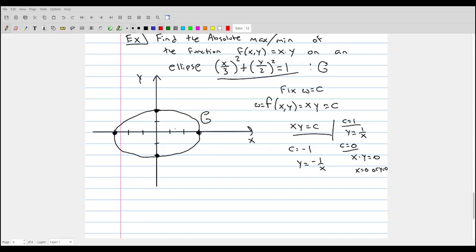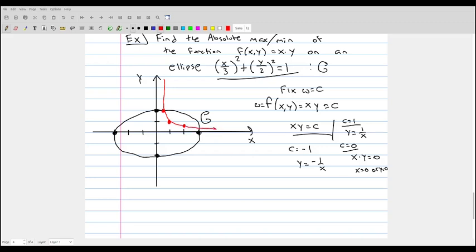So the curve y is equal to 1 over x looks like this: when x is 1, that means that y is 1. When x is 2, that means that y is 1/2. When x is 1/2, that means that y is equal to 2, right here. This is enough to give us a very preliminary plot of this level curve.